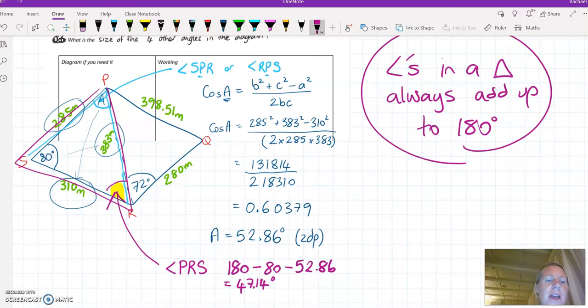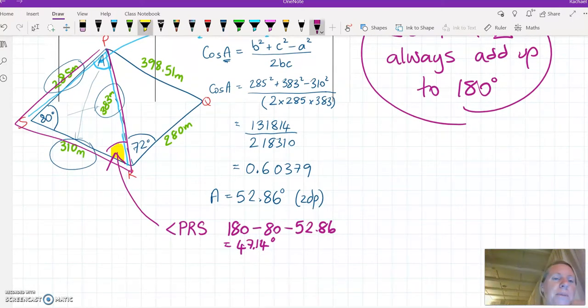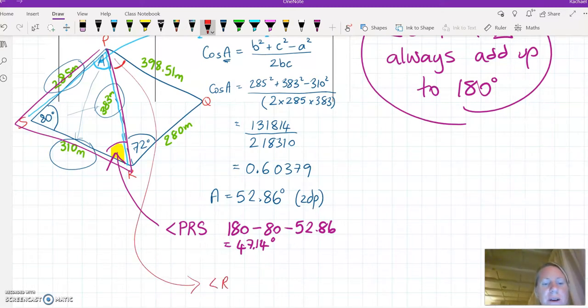So let's look now at angle RPQ. Can we do that one? We could use the sine rule for that maybe. I've got to try and use some different colours. It's getting pretty colourful. This guy here, RPQ.